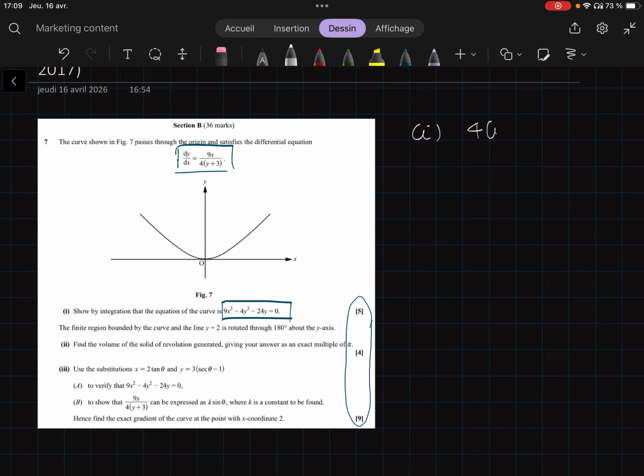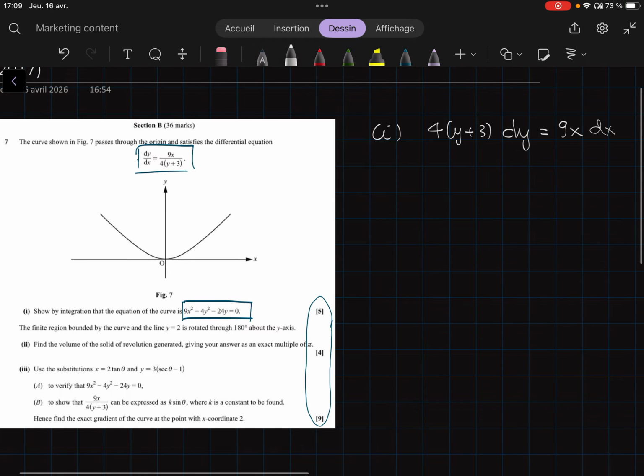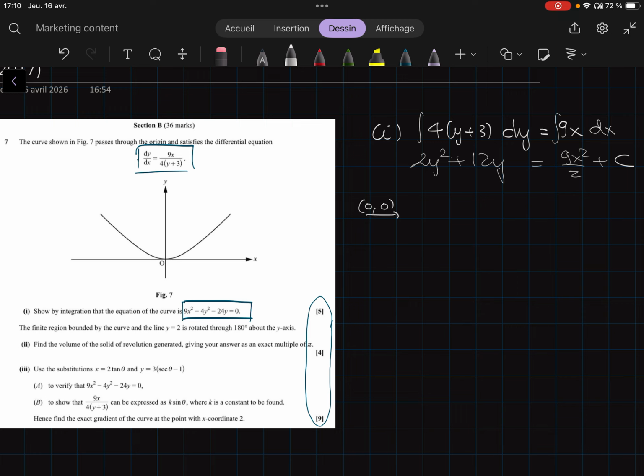So, separate variables, integrate, profit. We know that the curve passes through the origin. 0, 0 lies on the curve. So C is also 0. And therefore, 2y squared plus 12y is equal to 9x squared divided by 2. Thus, we have our final answer.